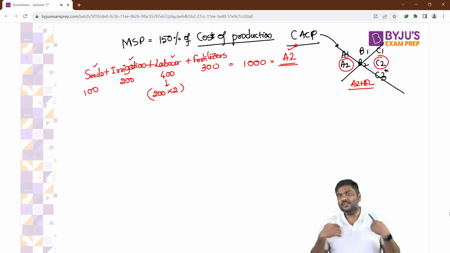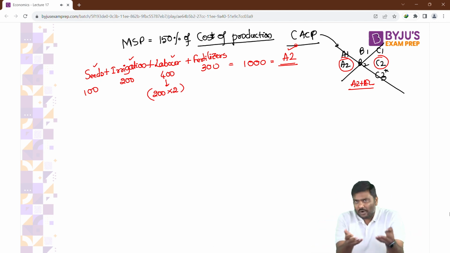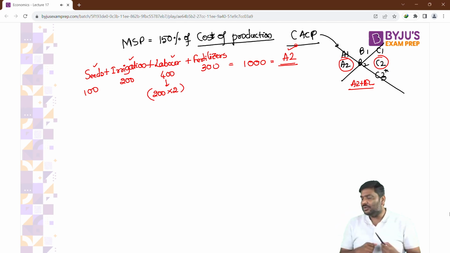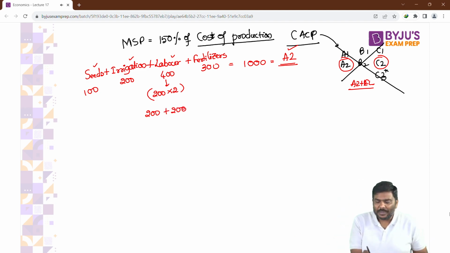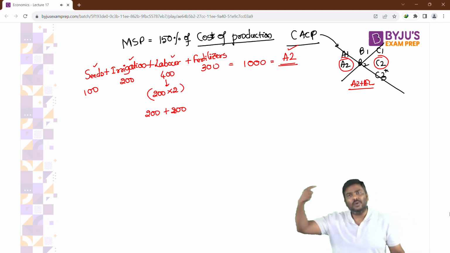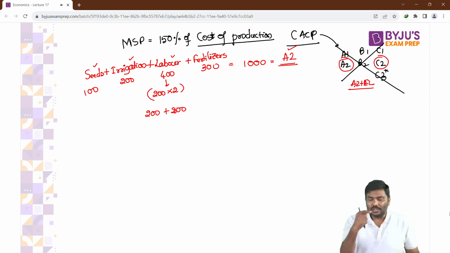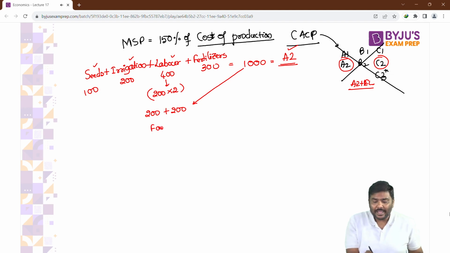I've not used that in the calculation of A2. So imagine I pay myself 200 rupees because I also have worked, and I pay 200 rupees to my spouse also because she also worked on the field. So total now, can I say 1000 rupees plus family labor?